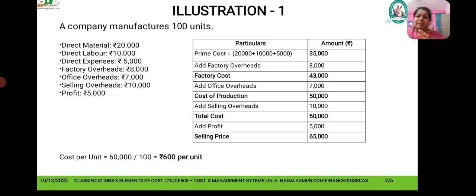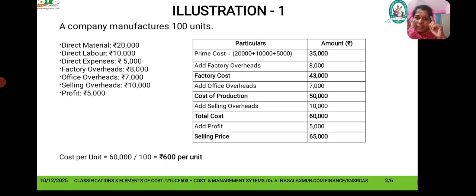We are going to see what is the total cost and what is the per unit cost. First we have to ascertain the prime cost. How will we ascertain the prime cost? Prime cost is ascertained by adding direct material, direct labor and direct expenses. So 20,000 direct material, 10,000 direct labor plus direct expenses 5,000, we get 35,000 rupees as prime cost.